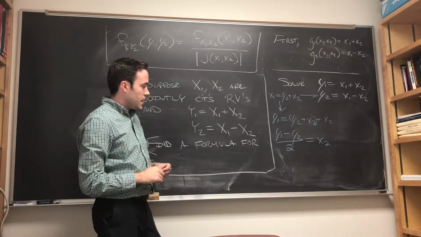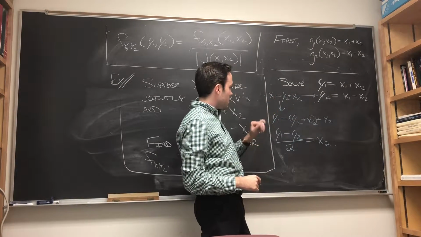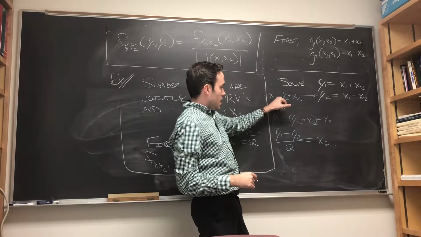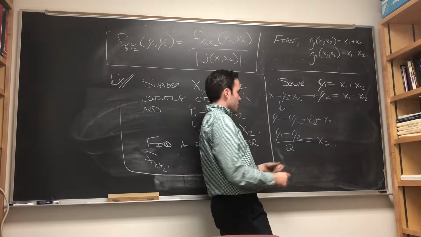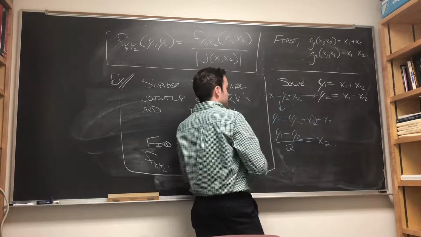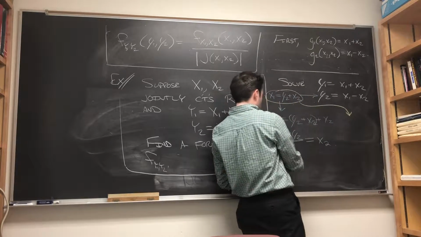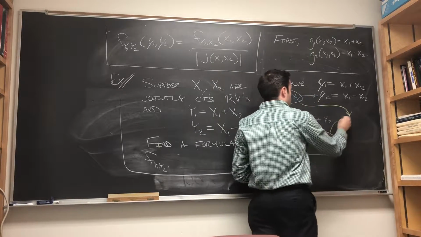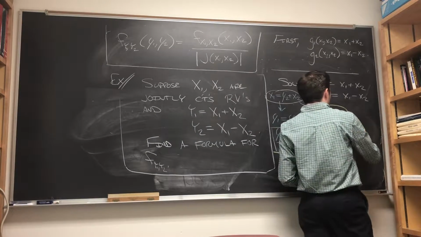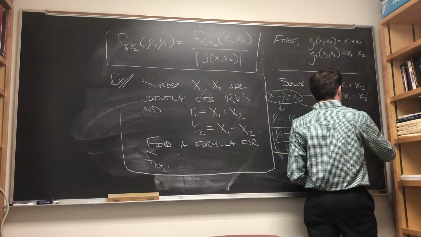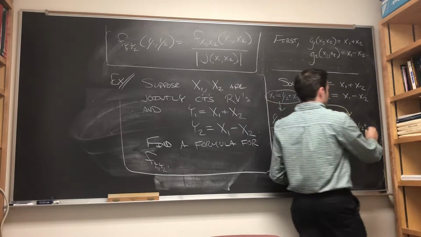All right, and now do the exact same thing to solve for x1. For instance, we could plug in up here. If x2 is y1 minus y2 over 2, then from this first equation in blue, this will tell us that x1 is y2 plus x2, which we can write as y2 plus y1 minus y2 over 2.